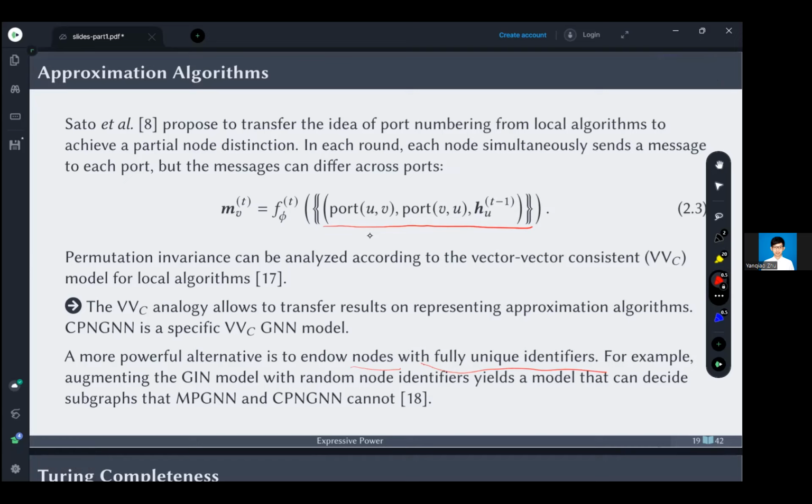There is a paper, citation number 718, that does it this way. It augments the graph isomorphism network model with randomly initialized identifiers, which results in a model that can decide the subgraphs that the regular message passing graph neural network model and this so-called CPNGNN model cannot. For the details, please check the original paper.